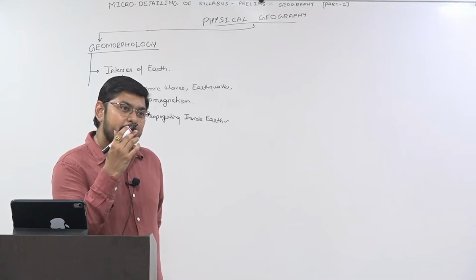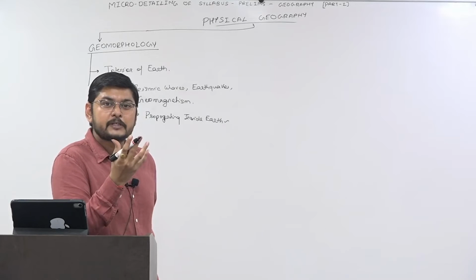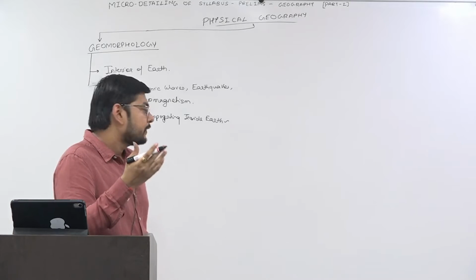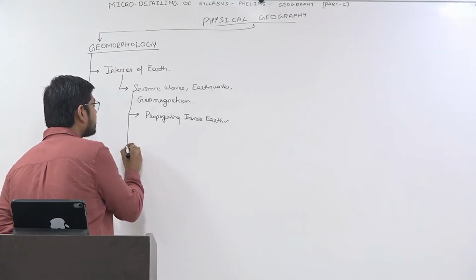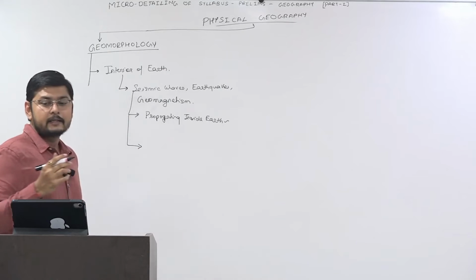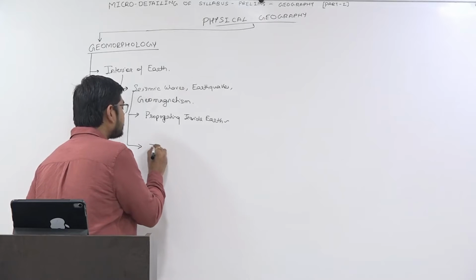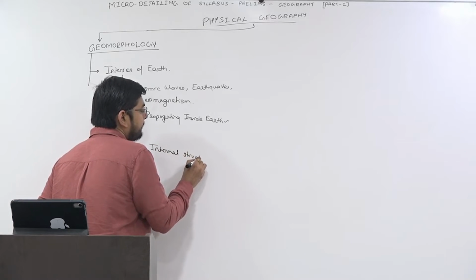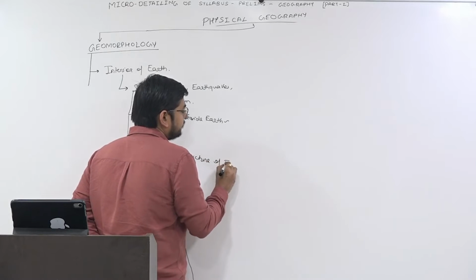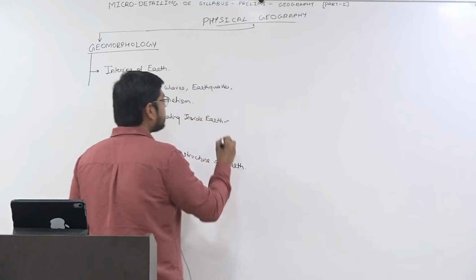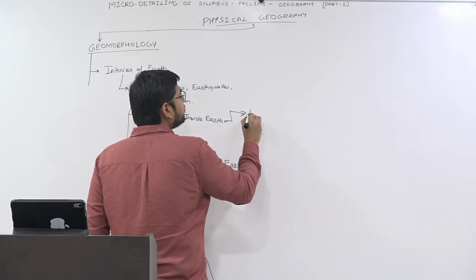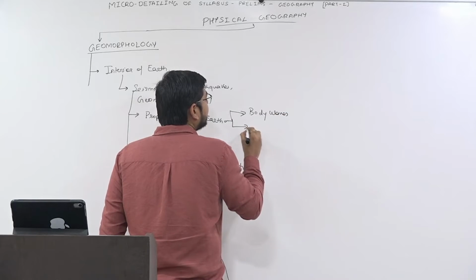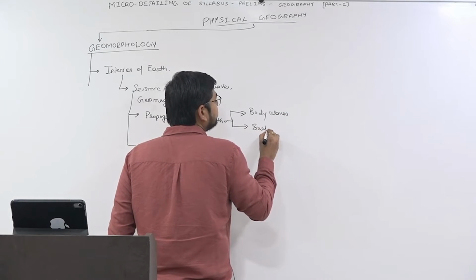When we study the waves which propagated throughout the earth, we get some important information: the internal structure of earth. We get this through the study of body waves, and we also get it through the study of surface waves.